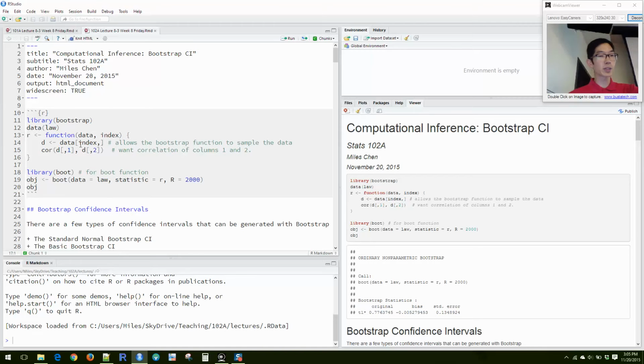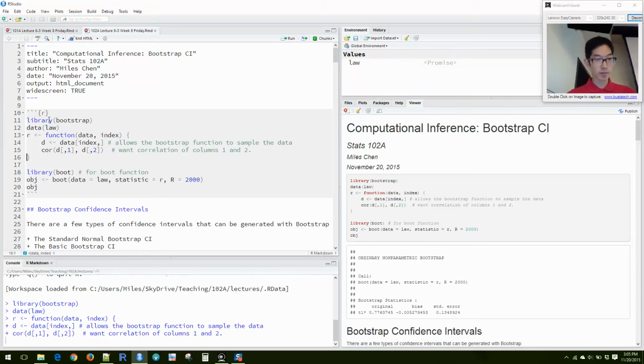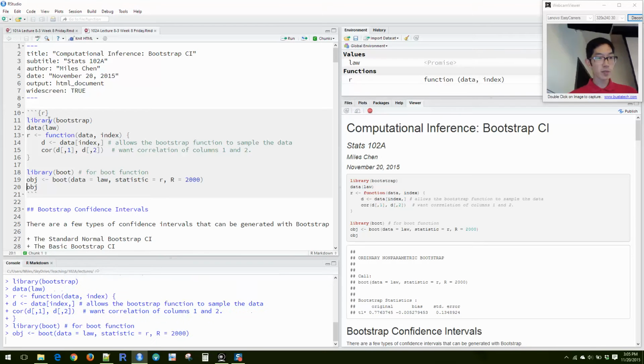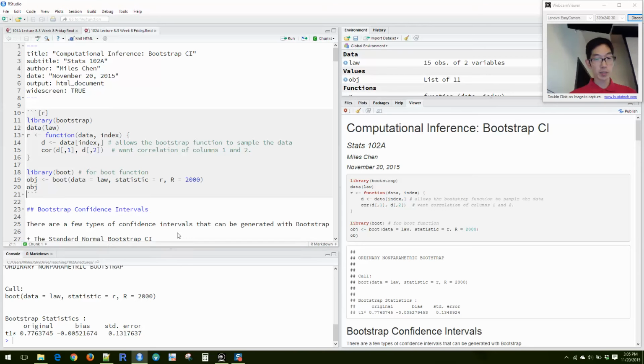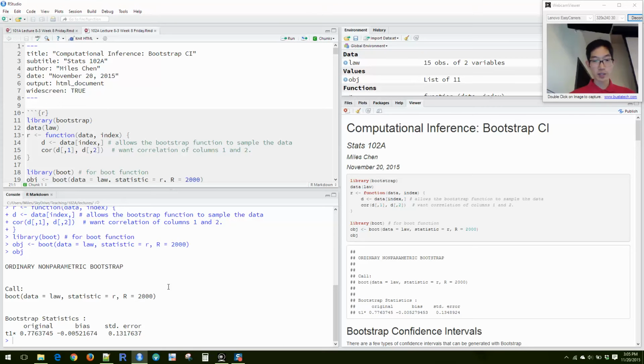And so we subset the data based on the vector of indices, and then we return the desired statistic of that subset data, which in our case is the correlation. Okay, and so we can run this, and we will get our Bootstrap object, and our Bootstrap object looks just like this output right here.